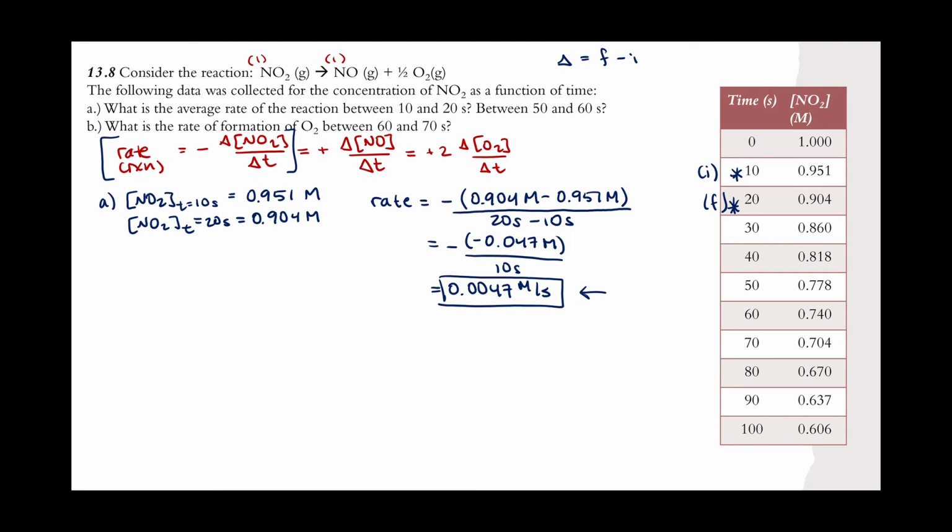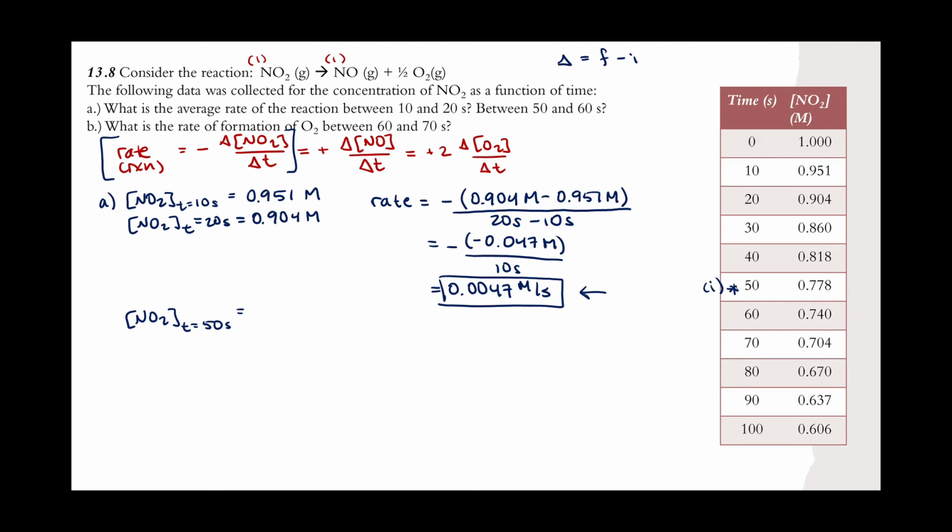For the second part of part A, we can approach it the same way. At time equals 50 seconds, I'm going to go ahead and erase this over here. This would be our new initial state.